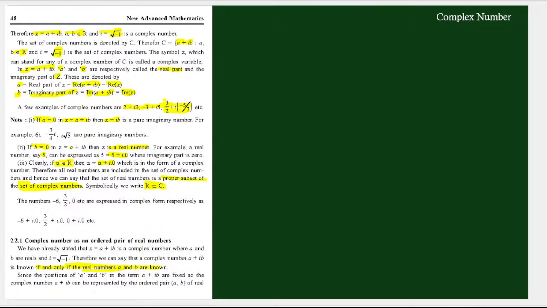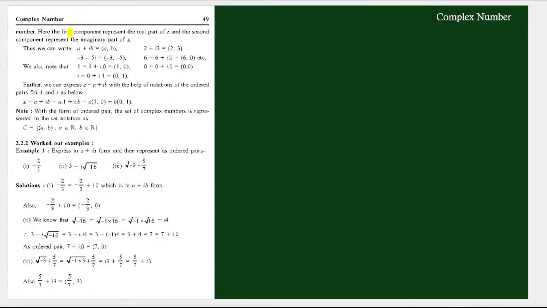Since the positions of a and b in the form a plus ib are fixed, it can be written as an ordered pair (a, b), where a is your real, b is your imaginary.